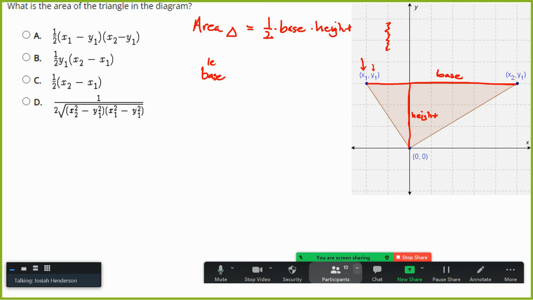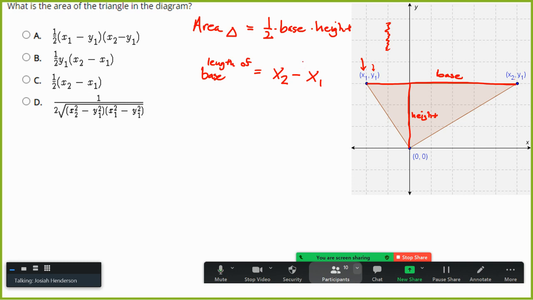So the length of base is one side minus the other, basically. I guess we could do x1 minus x2. Let's try it from the more positive looking one minus the more negative looking one. So x2 minus x1. Honestly, either way should work, but I guess we could get a negative if we did it the backwards way.